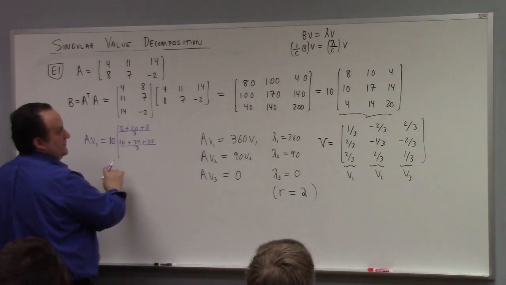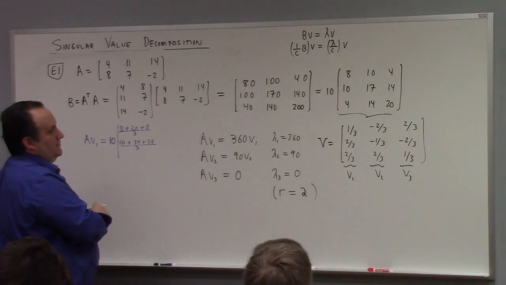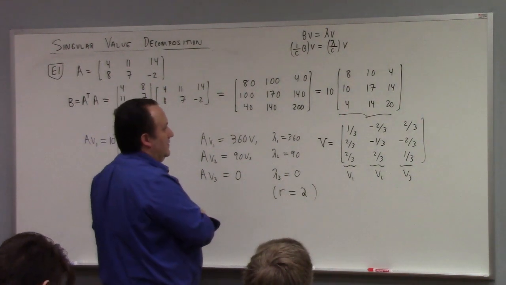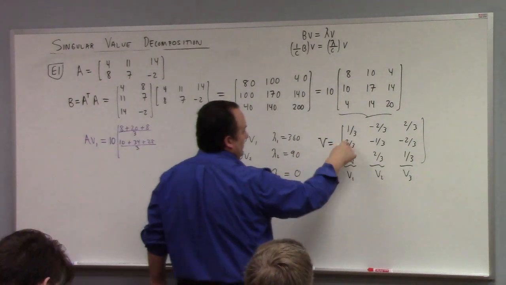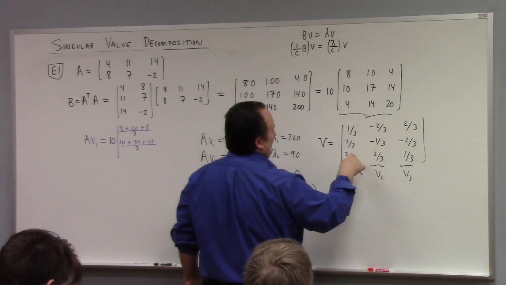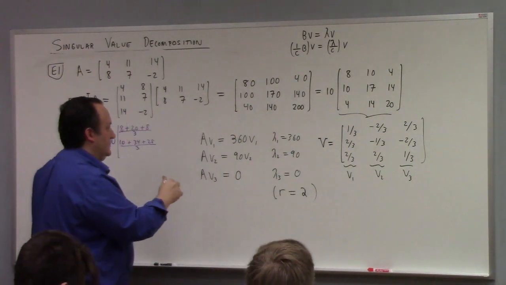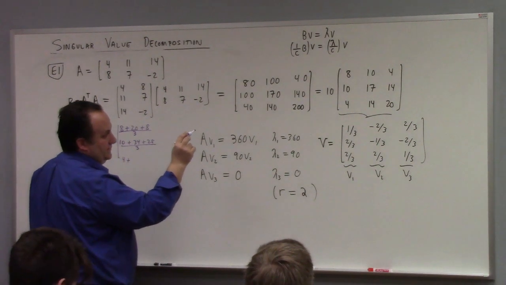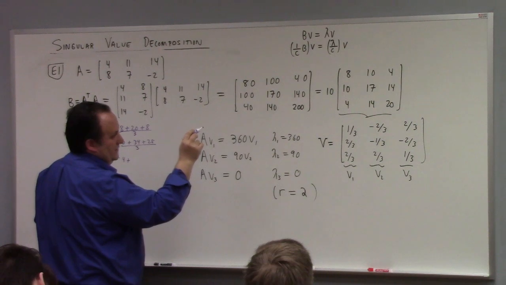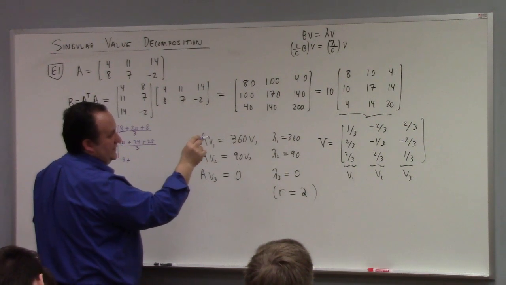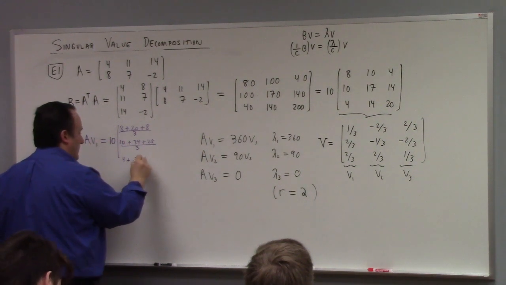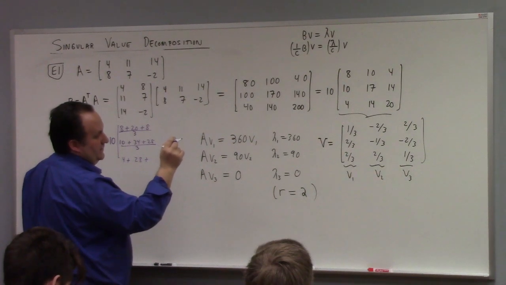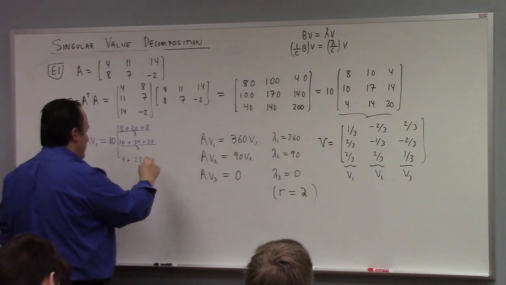Oh, why did I do 20 there? It should have just been what? Oh, I know why, because there's a 2 here. I'm a dummy. So, and then 4 plus, I keep losing track of what I'm doing. 4 plus 28. 2 times 20 is plus 40.